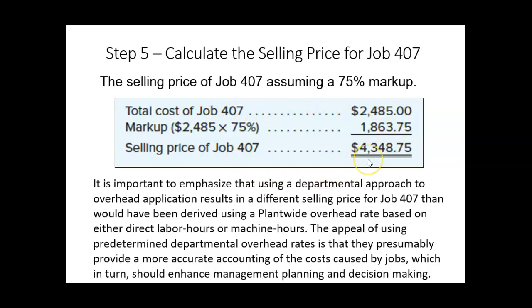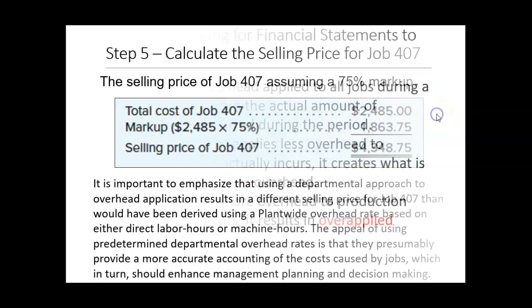So this job will sell for $4,348.75. Now, before we can determine the selling price of a job, we must have an accurate amount for the total cost to produce the actual job. Because again, the selling price is a percentage of the total cost to produce job number 407.